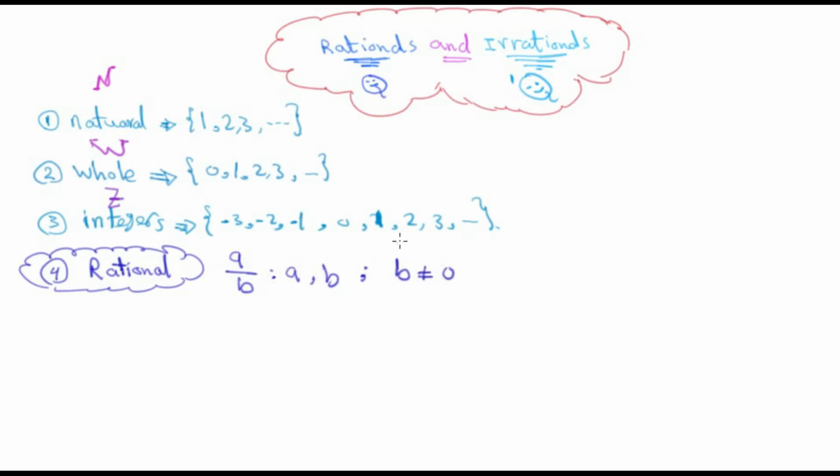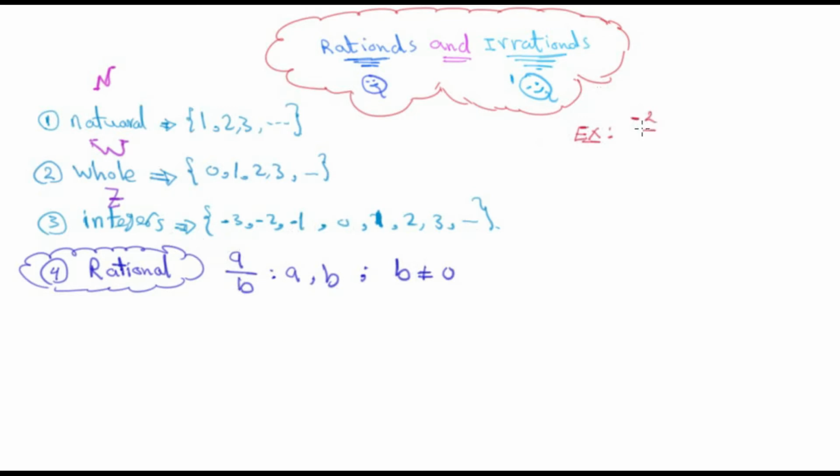From this definition, we can say that any integer can be written as a fraction. For example, if we have a number like -2, that's an integer.